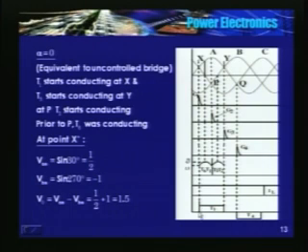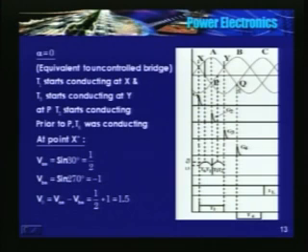So this is a 120 degree duration. T1 conducts for 120 degree duration, same as three-phase half wave rectification. Similarly, we have a common anode configuration, three devices forming a common anode configuration, again fed from the ABC system.